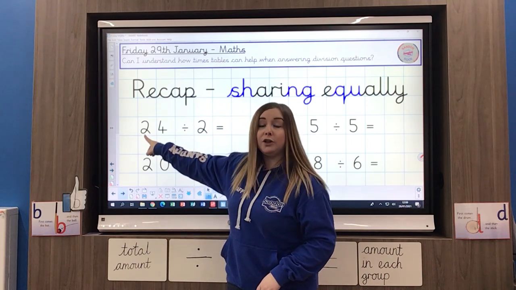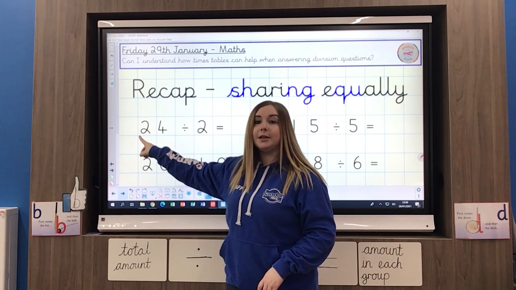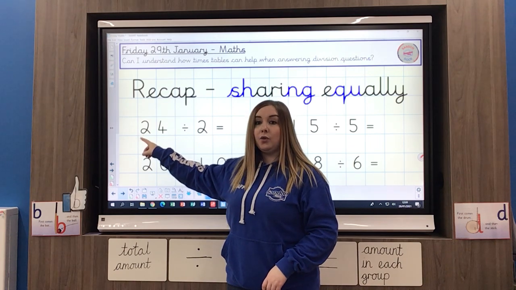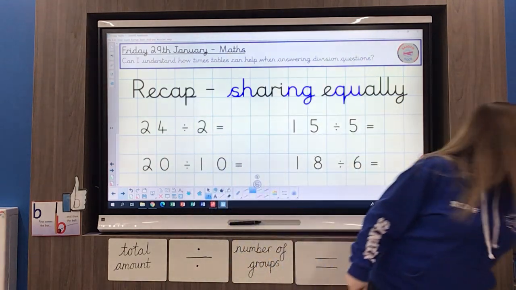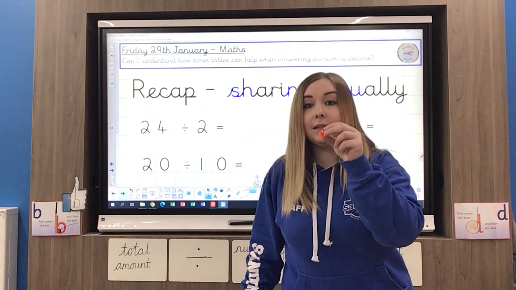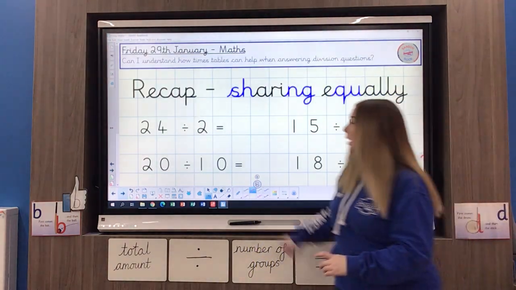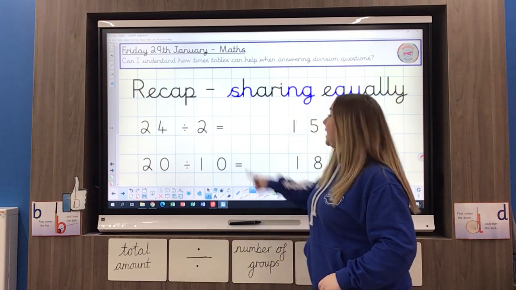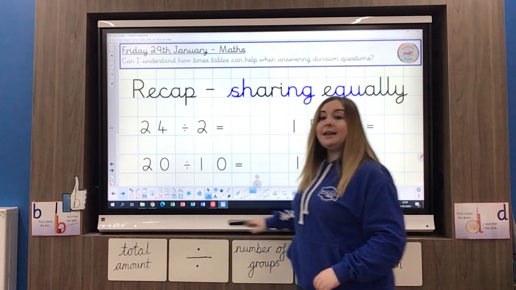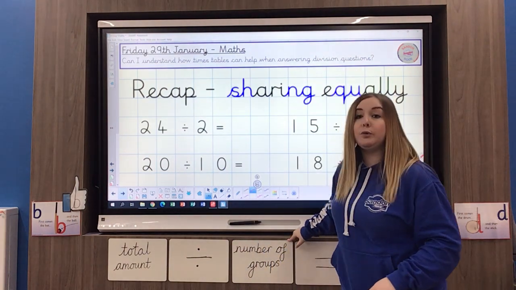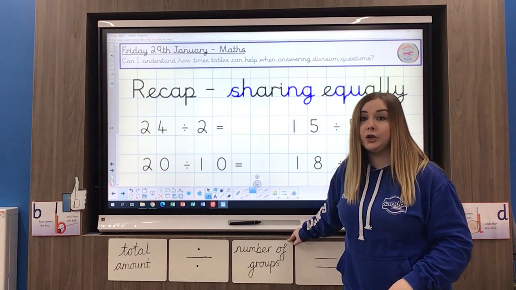So we might have 24 pieces of pasta, or 24 biscuits, or I would have 24 little orange gems. Okay, divided by, and then this number is the number of groups that we'll be dividing into.